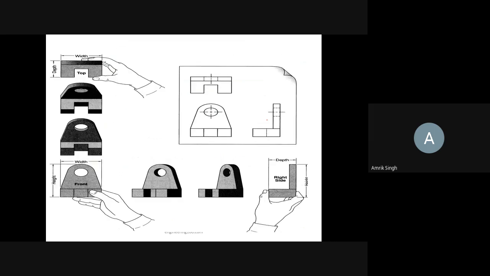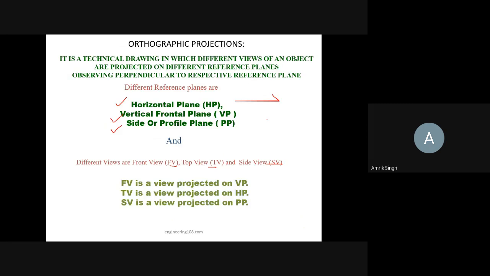So you see here, or let me draw it here only. Say this is a vertical plane. And if I draw a horizontal plane, it will be like this.